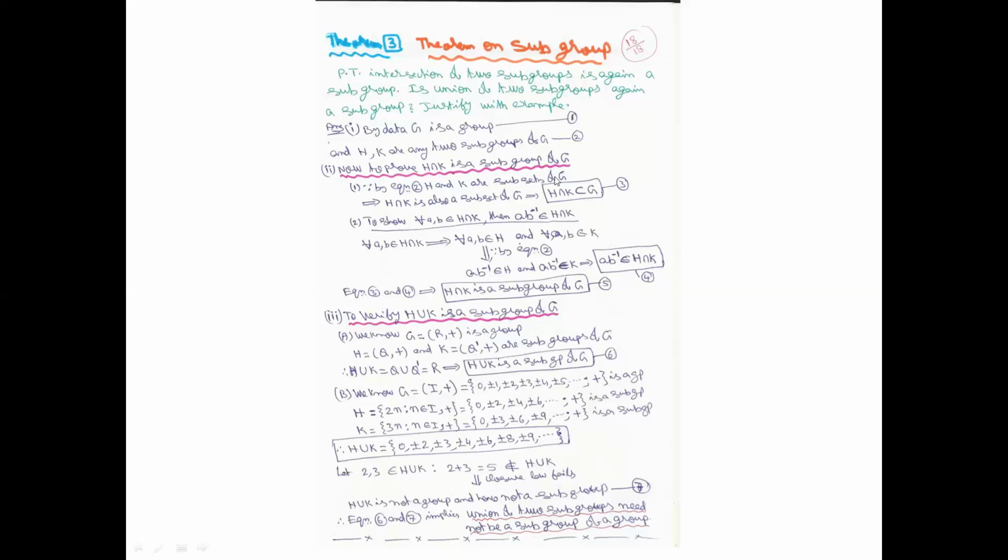H and K are subsets of G. Their intersection, H intersection K, is also a subset of G. So in this line, we proved H intersection K is a subset of G.